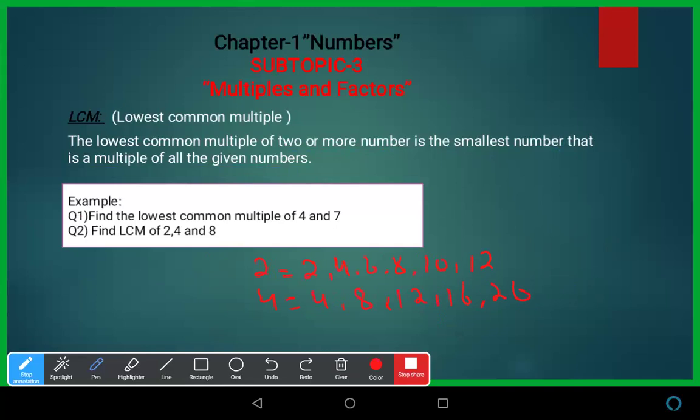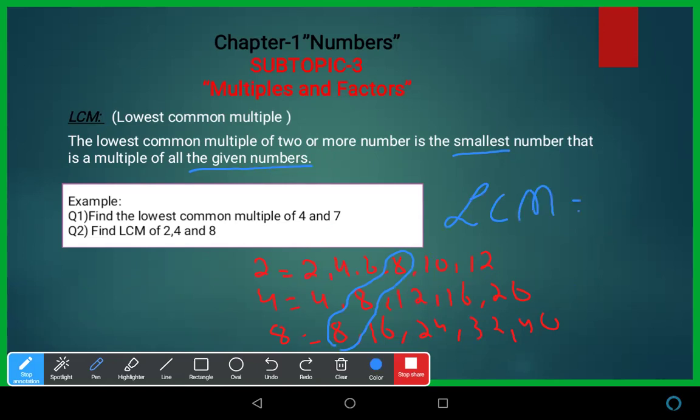Now the multiples of 8: 8, 16, 24, 32, 40. Now we have to find the smallest number which is a multiple of the given numbers. The smallest number common in all three numbers is 8. You can see 8 is common in all three numbers and it is the smallest. So the LCM is 8.